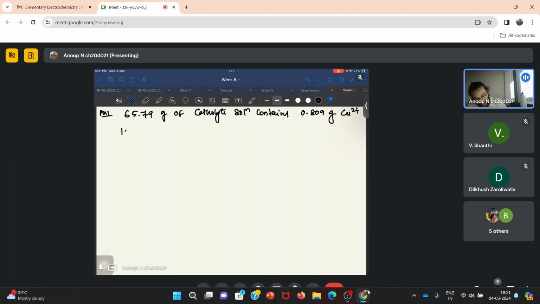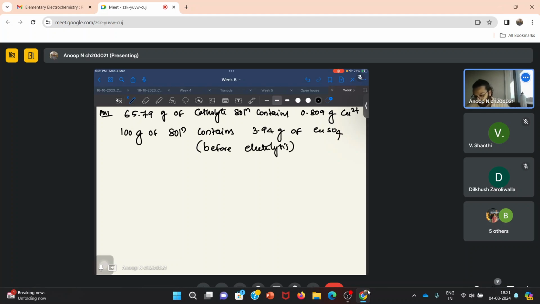It's also given that 100 gram of solution contains 3.94 gram of CuSO4. This is before electrolysis.